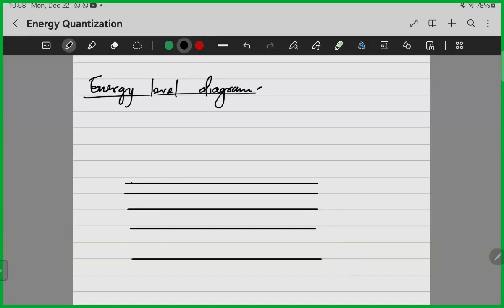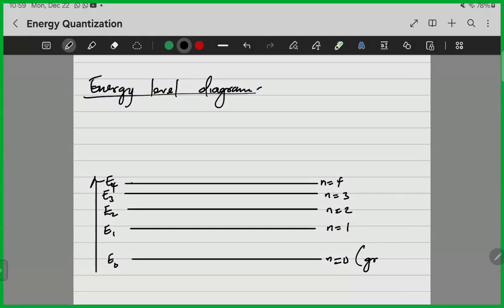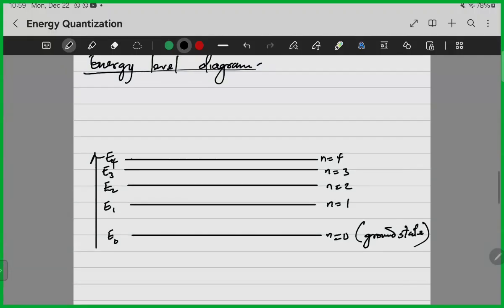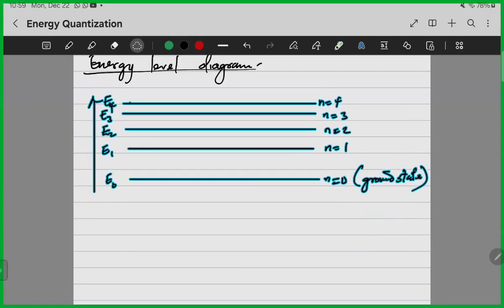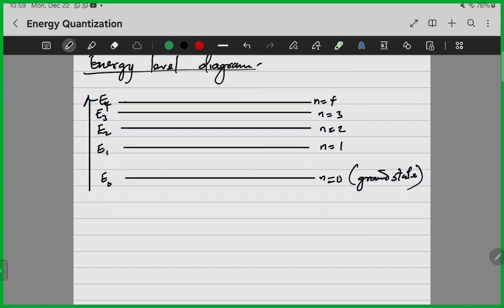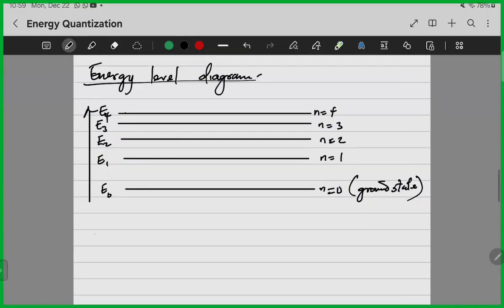Then I say, okay, this is E0, the ground state, E1, E2, E3, E4. These are at n equal to 4, n equal to 3, n equal to 2, n equal to 1, and n equal to 0, which we call the ground state. So this is what the energy level diagram looks like, and I can make some explanations.